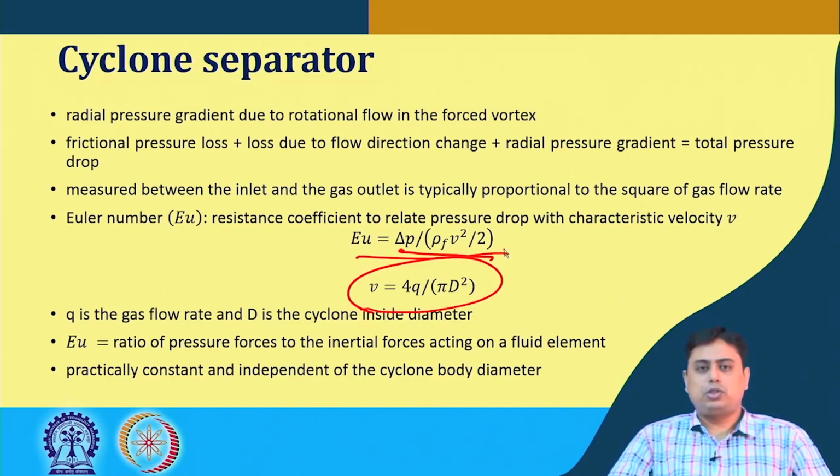If those proportions are maintained, this dimensionless number is basically constant, and this helps in the scale up operation of this cyclone separator.